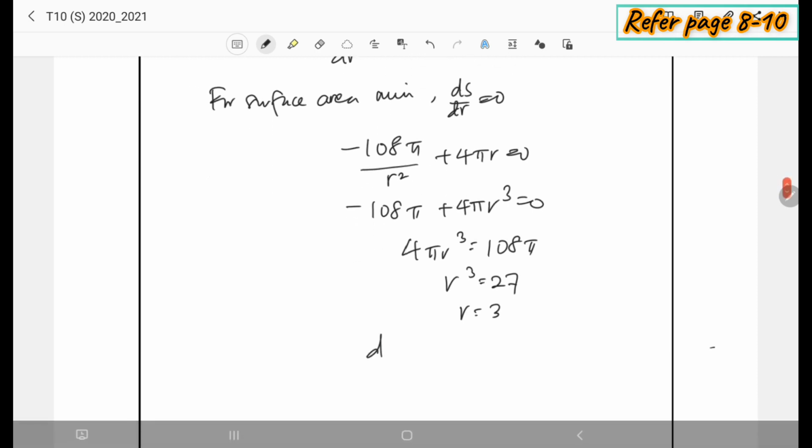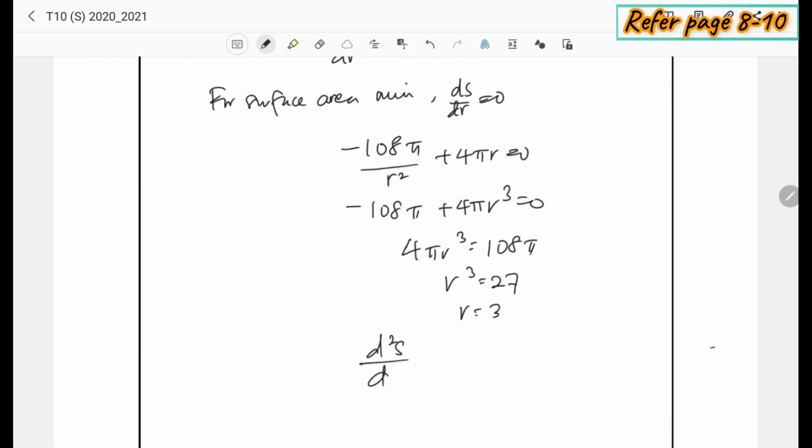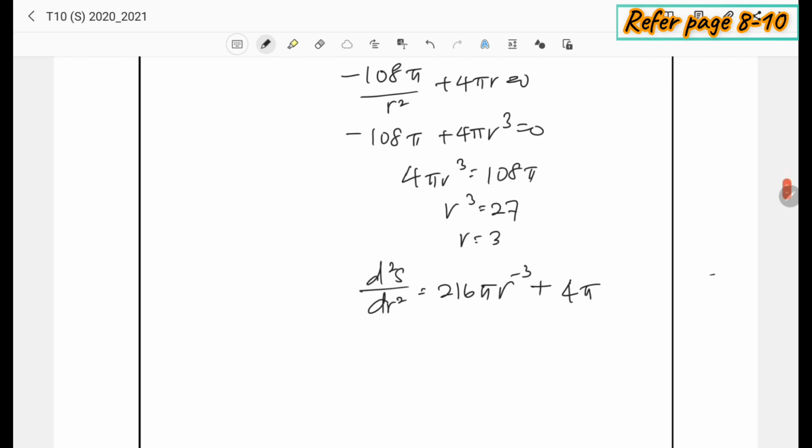So get second order derivative, d squared S over dr squared. So we have it as 216 pi r to the negative 3 plus 4 pi. So when r equals 3, d squared S over dr squared equals 216 pi over 3 cubed plus 4 pi.